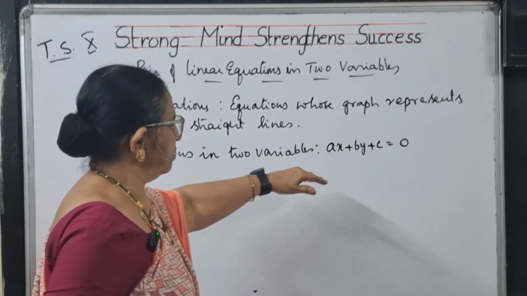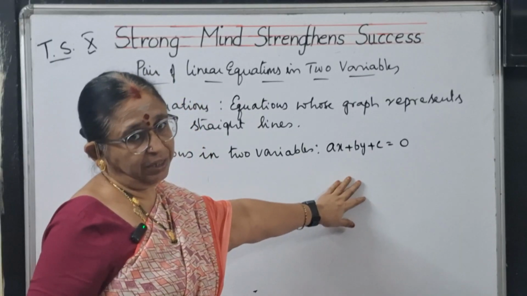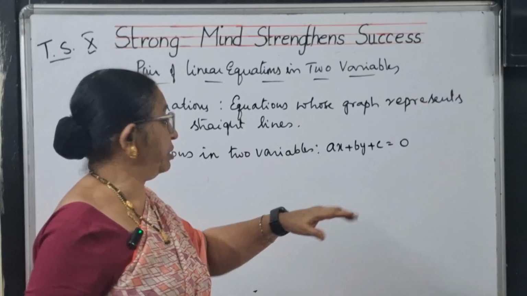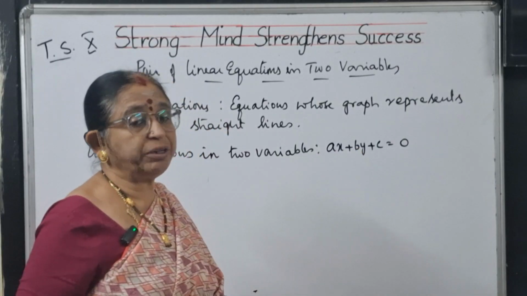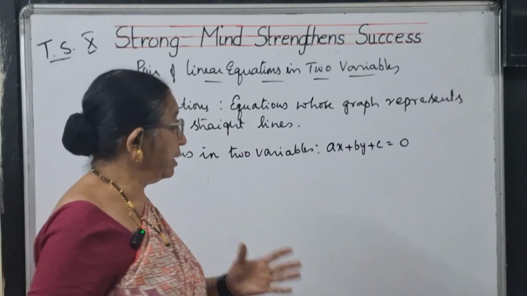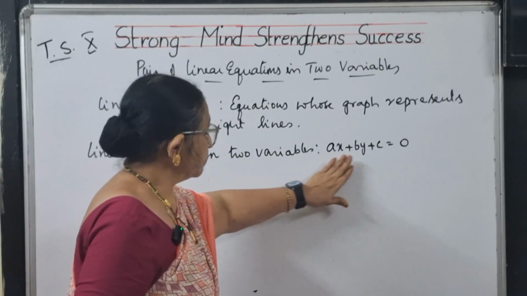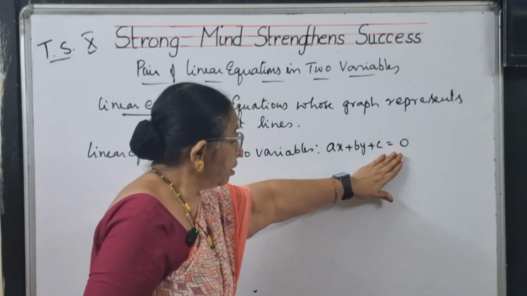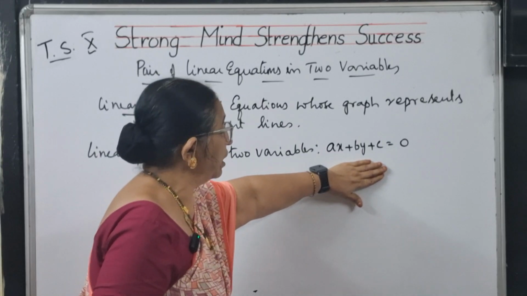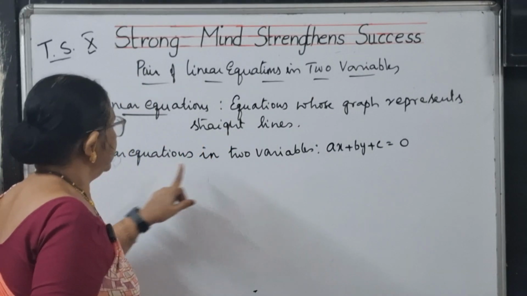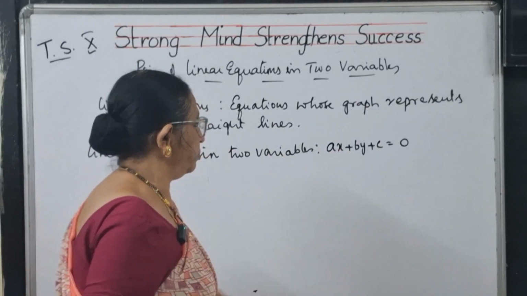We call this a linear equation, which gives a straight line when you represent it, if a, b, and c are real numbers. Then we will be calling it a linear equation in two variables.